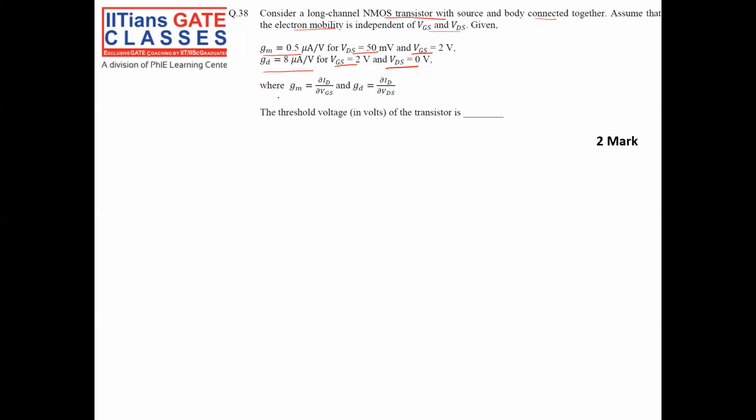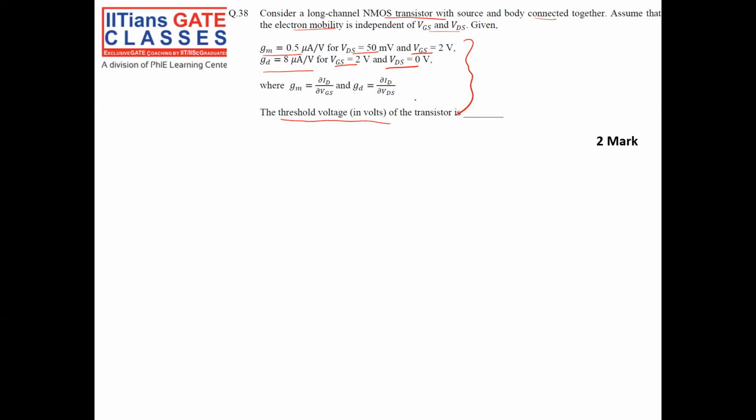Where it is defined that the transconductance GM is equal to dID by dVGS and the output conductance GD is nothing but dID by dVDS. So with this information, we need to find out the VTH, or the threshold voltage, of the transistor.